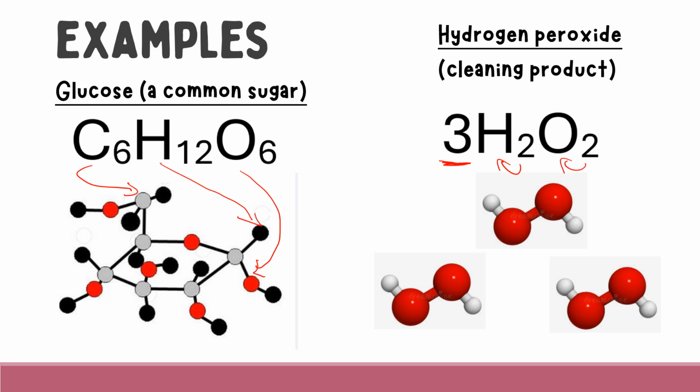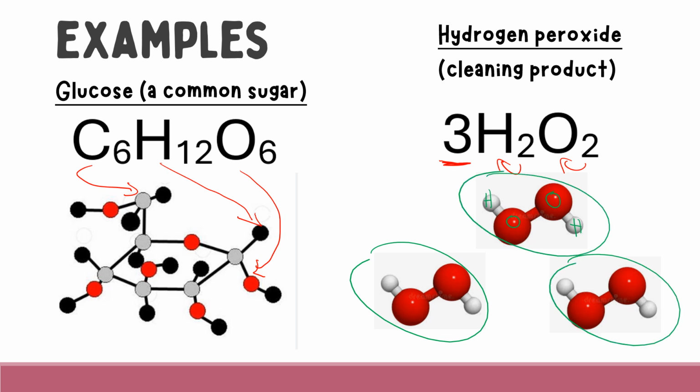So here's 1 molecule here. The hydrogens are always small and the oxygens are large. And then we have 3 molecules in total. So that's how chemists use molecular formulas to show lots of information in a small amount of space.